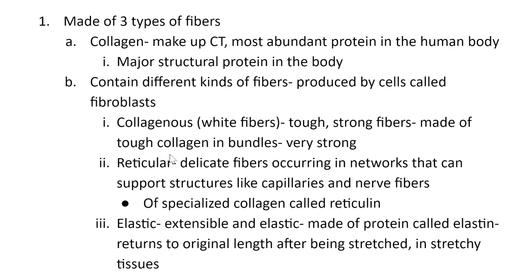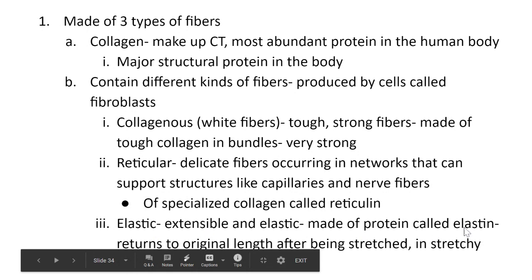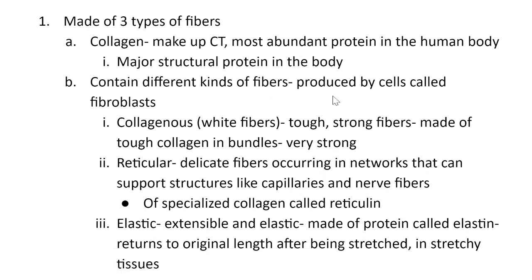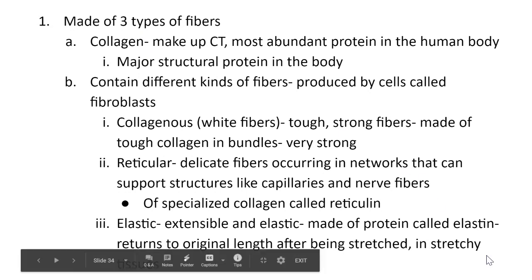All these fibers are made of collagen in one way or another, put together, or maybe a little bit more delicate one way or another. And then the last one, elastic, is made of a special protein called elastin. And those are the fibers that make up connective tissues.